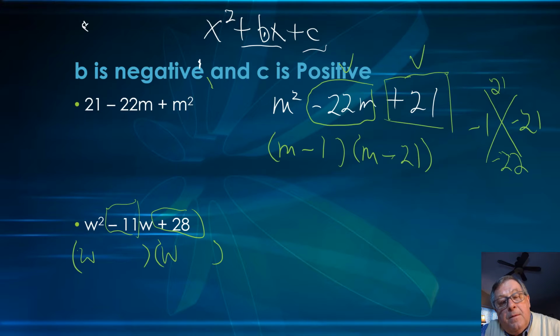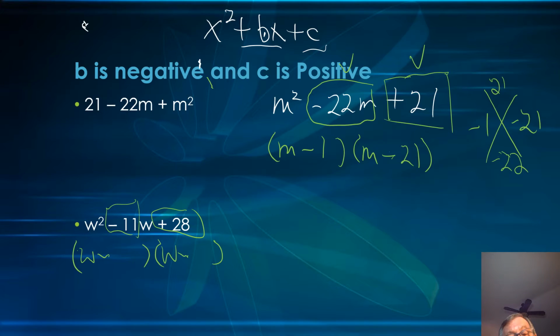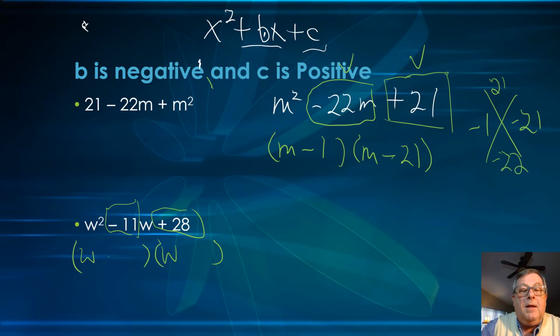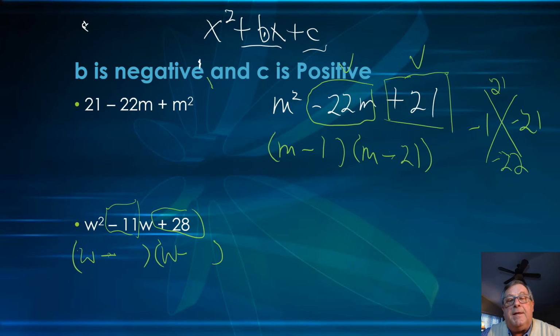And so I know inside my parentheses, I'm going to have two negatives. Okay. And so again, now I'm looking for two numbers that are going to multiply to 28 and add to negative 11.